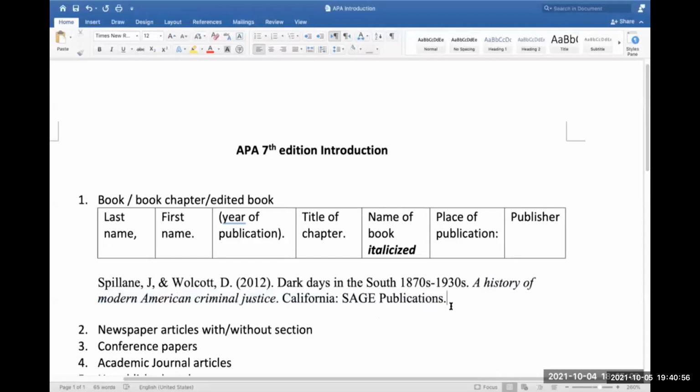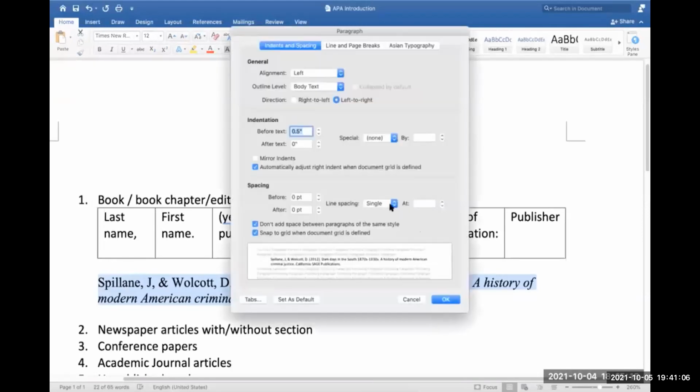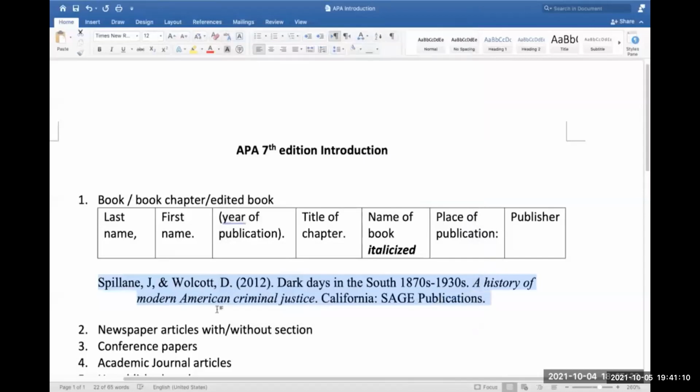The other thing that you should know is when they tell you about Control A, that's not how you do it in APA. You go here, paragraph, you go special, you go hanging, and then you press OK. You notice how it is indented, right?